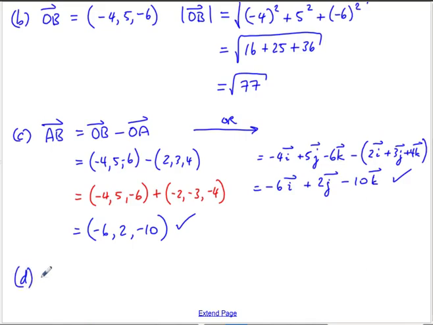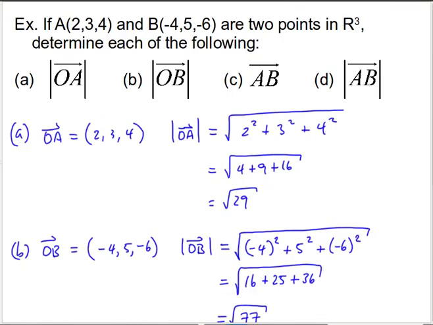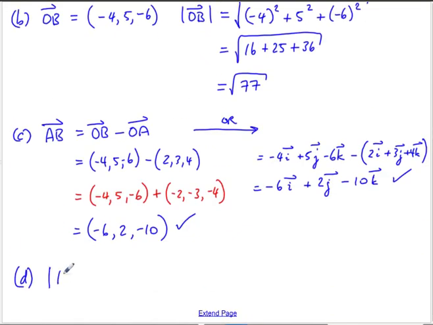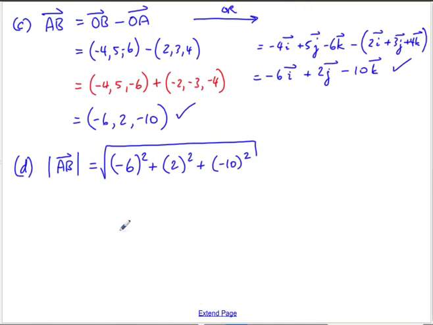And then finally, part D just wants to know how long is that vector that we just found? How long is AB? The magnitude, or the length, of AB is the square root of negative 6 squared plus 2 squared plus negative 10 squared. So I end up with 36 plus 4 plus 100 all square rooted, and that ends up being the square root of 140.